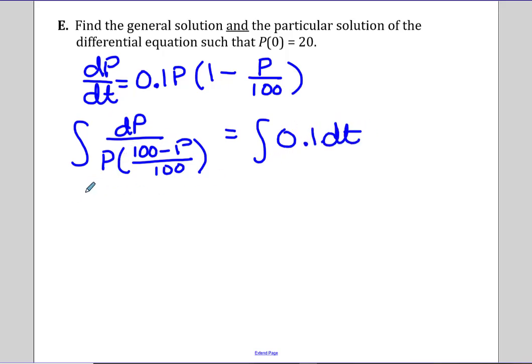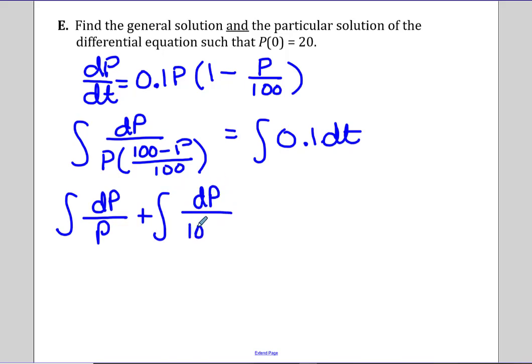So again, separating this into two different parts, I believe we're going to have to use partial fractions here. So the integral of dP over P plus the integral of dP over 100 minus P is equal to 1/10 dt.